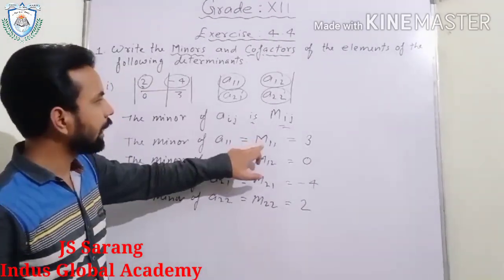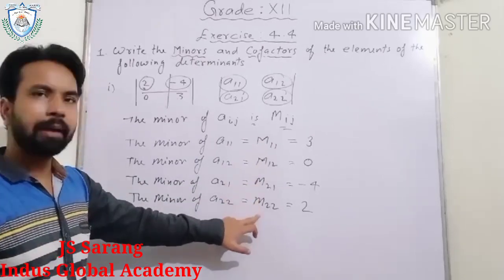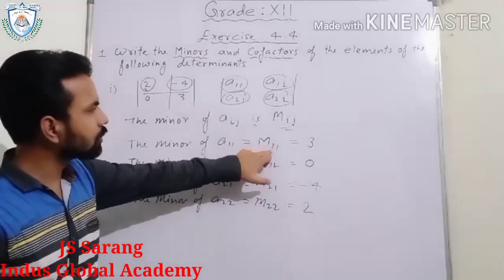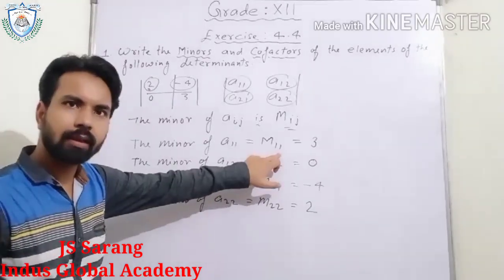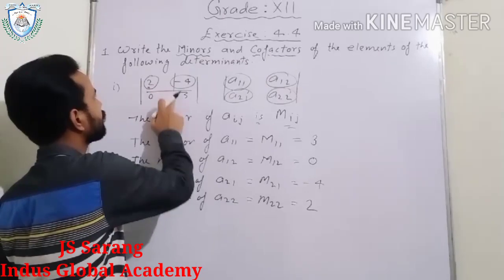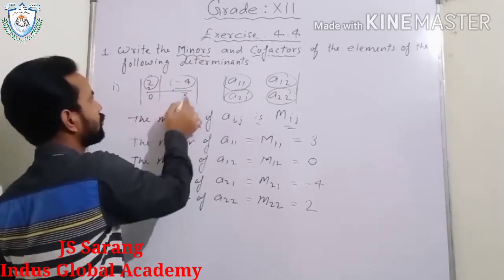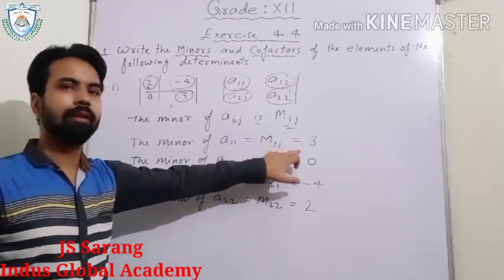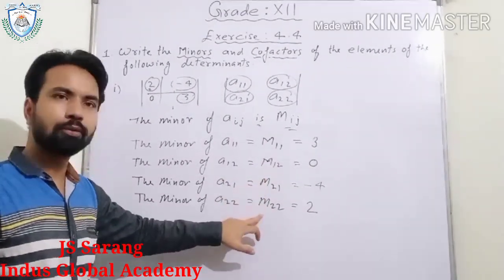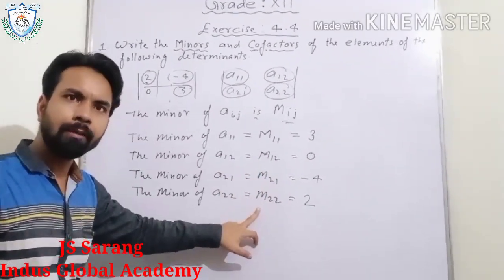But how can we find M11, M12, M21 and M22? So for M11, we will hide first row and first column because 11 is there, no? So first row and first column we will have to hide. So what is left? 3. So 3 will be the answer. Similarly, we will have to find M12, M21, M22. Hope it is clear for everyone.